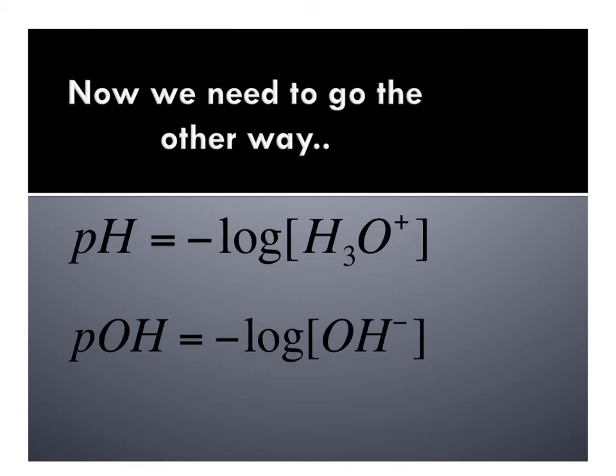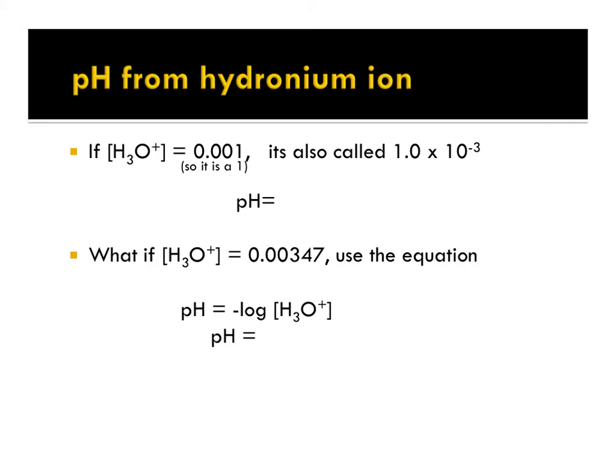Okay, going the other way is a little more tricky. Trying to get pH out of the concentration if the concentration isn't something easy like 1 times 10 to the 2nd or something like that. So again, remember that if the concentration was 0.001, or if it was 1 times 10 to the something, the pH would just be that something, that whole number.